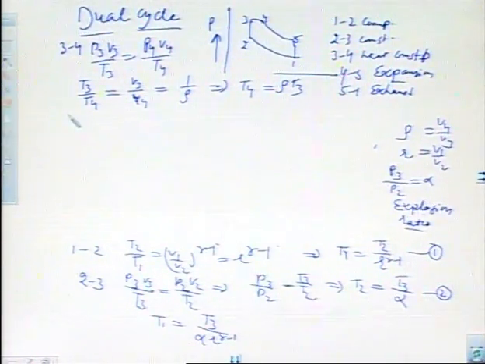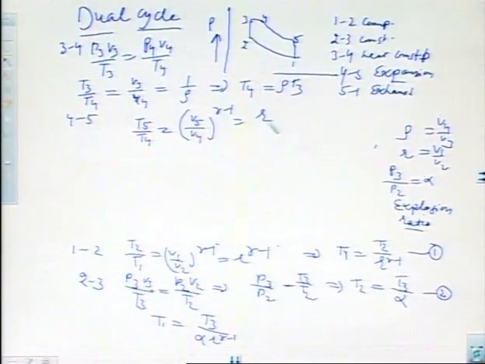Similarly, take the process 4 to 5. The same thing happens here, T5 by T4 is equal to V4 by V5 to the power gamma minus 1, which is equal to R gamma minus 1.